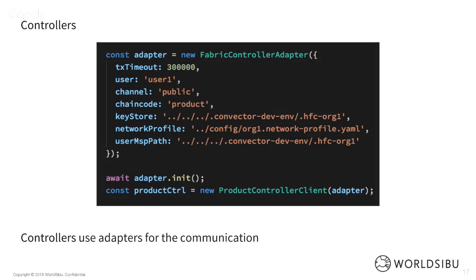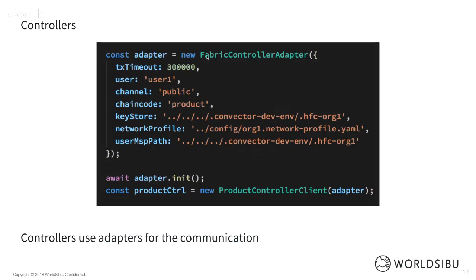It's not doing anything special behind that, but you can easily plug and play a different adapter in here that, for example, goes for Ethereum or another blockchain technology. Right now, as I mentioned in the beginning, we only have support for Hyperledger Fabric. So we officially only have this Fabric controller adapter as a blockchain technology.